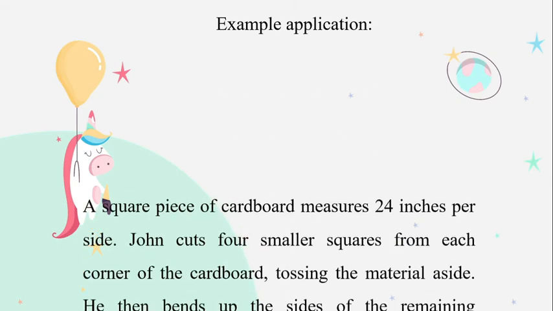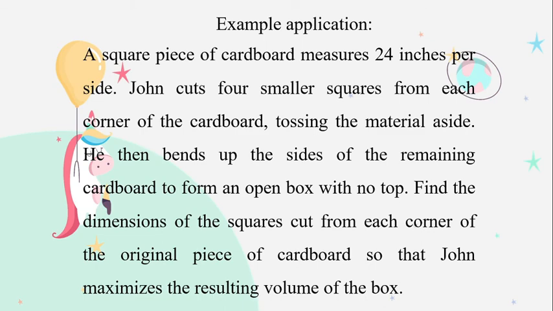Example application. A square piece of cardboard measures 24 inches per side. John cuts 4 smaller squares from each corner of the cardboard. Tossing the material aside, he then bends up the sides of the remaining cardboard to form an open box with no top.